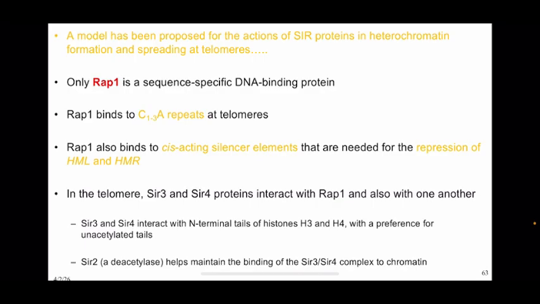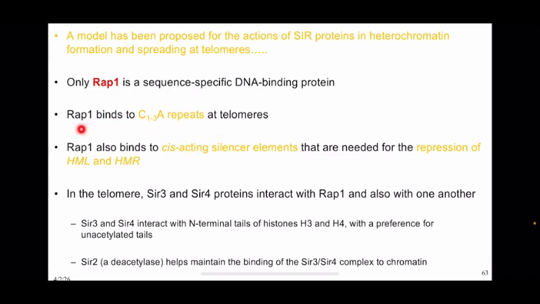So I think I've mentioned earlier that in yeast, cell proteins or the cell genes work in conjunction with RAP1. RAP1 actually nucleates or initiates everything. The first thing is RAP1 will bind to a C13A repeat at telomeres. So this is silencing, or heterochromatin formation, at telomeres.